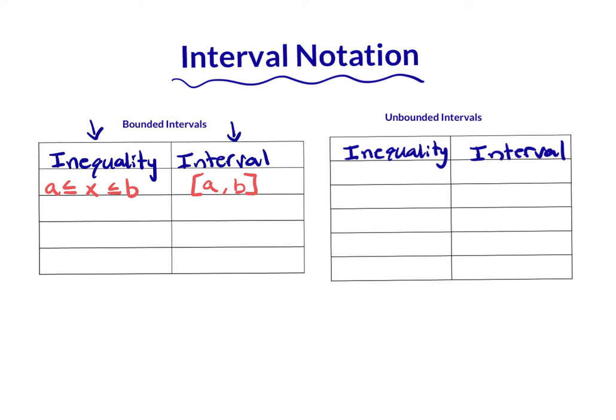The bracket is because of the less than or equal to. That's why we have the brackets. It's including a and including b.